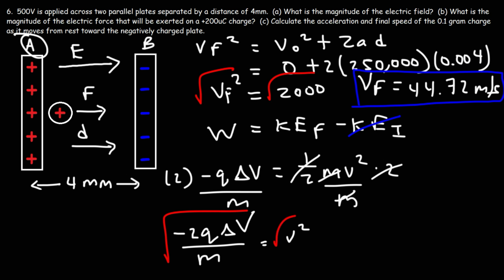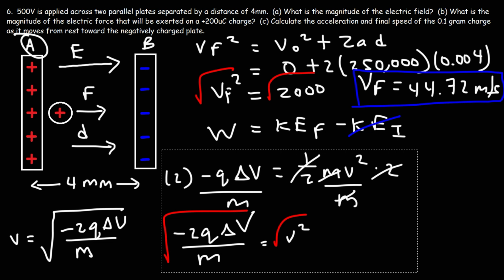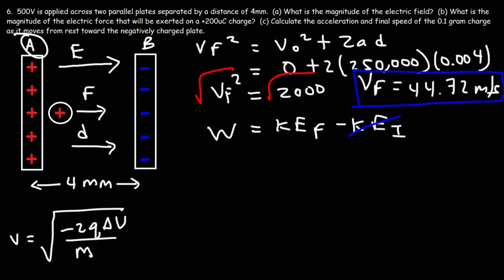Taking the square root of both sides, we get that the speed is equal to the square root of negative 2q delta V over m. Now, if you make everything positive and ignore the negative sign, you're going to get the magnitude of the speed, which will still be correct in this problem. But if you want to incorporate the negative sign, here's what you can do.